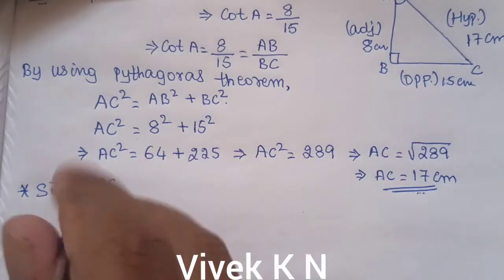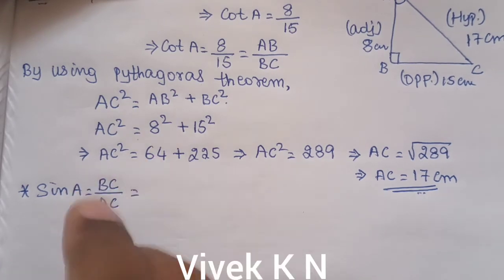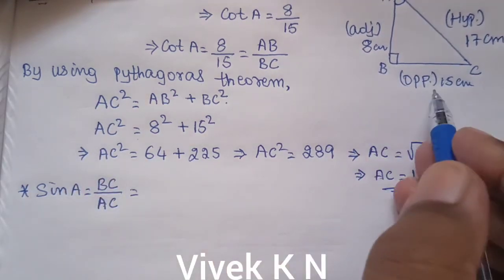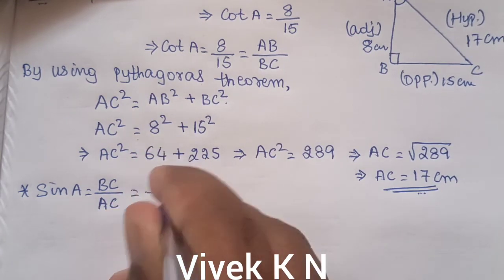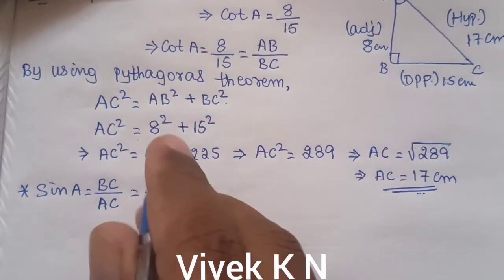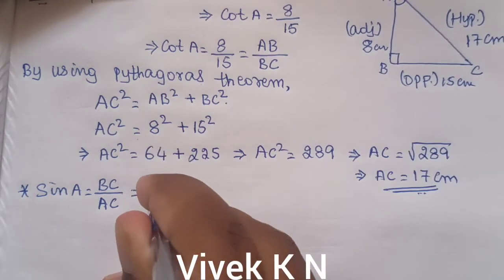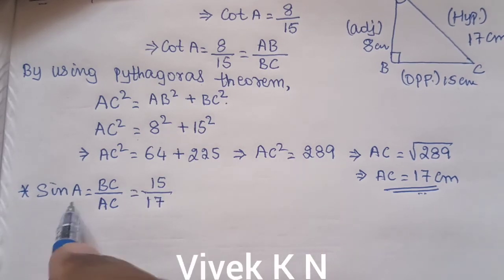Hypotenuse is AC. So the value of BC is 15 centimeter and the value of AC is 17 centimeter. That is, 15 by 17 is the value of sin A.